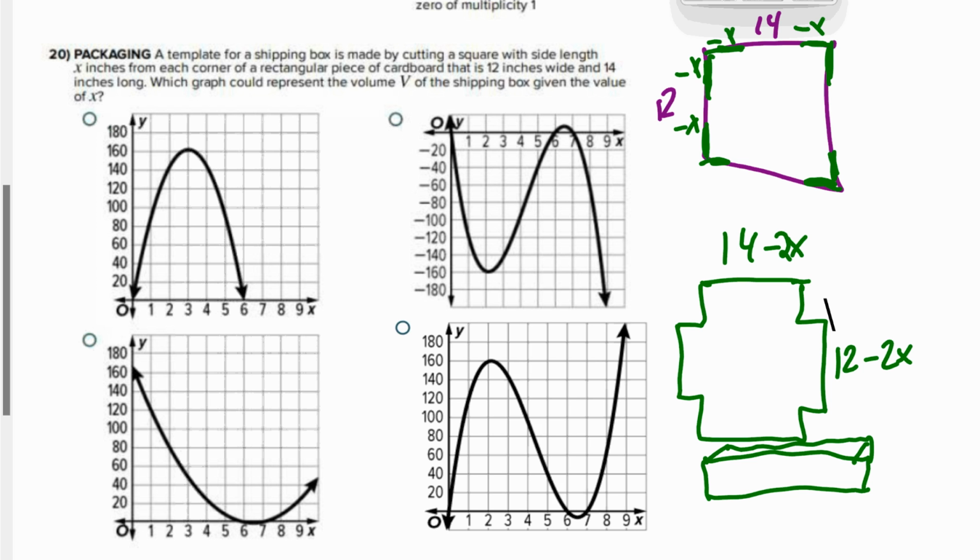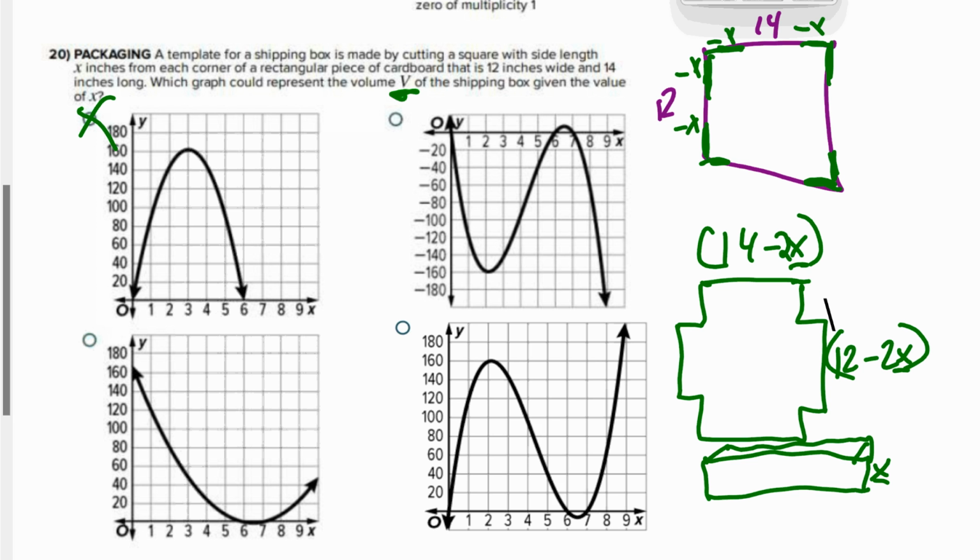So volume would be multiplying those together, but then our height is x, and maybe that's what I left out there. So this is going to be a cubic, right? Because we have x times x times x.